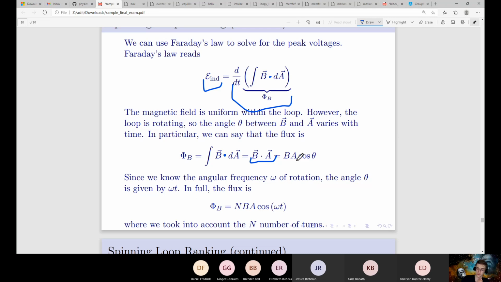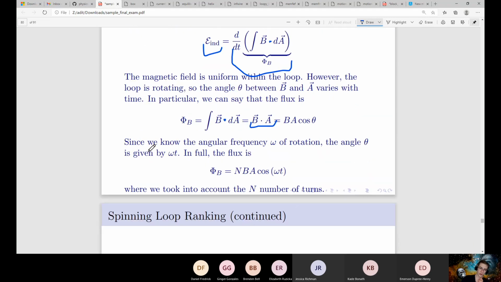And we're told that the loop is rotating at an angular frequency of omega. So if we think back to Phys 1, we can say that the angle theta is just given by omega times t, if you remember that relationship.